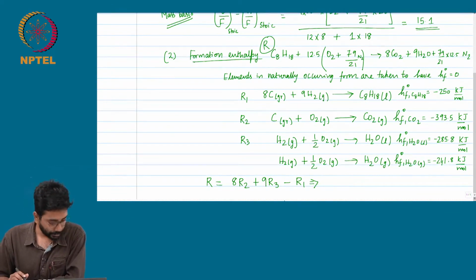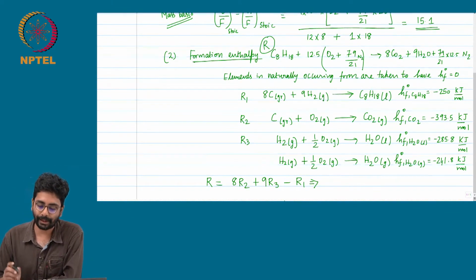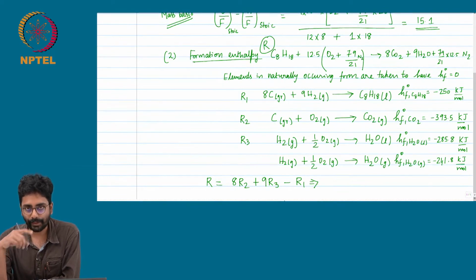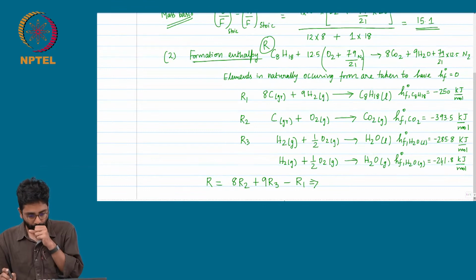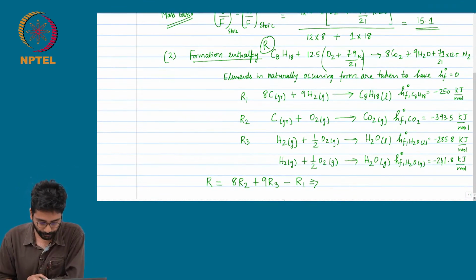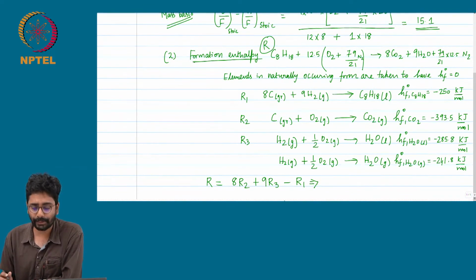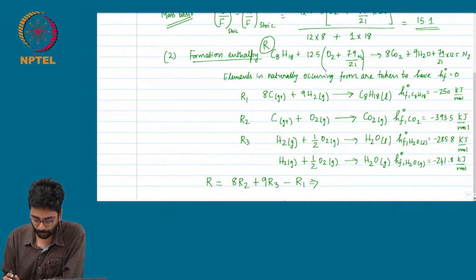Notice that in reaction R, 12.5 times 79 by 21 nitrogen is on both the sides, therefore for the purposes of stoichiometry, for the purposes of enthalpy calculation, the effects will cancel out, so it need not be explicitly included.